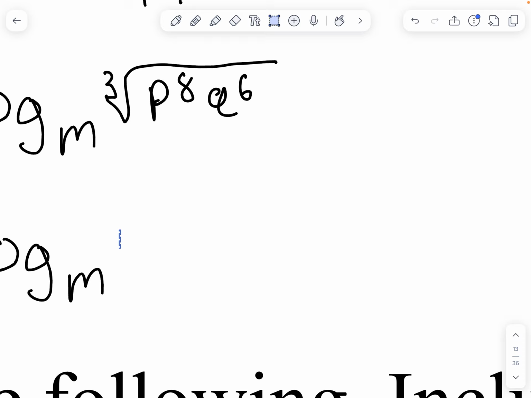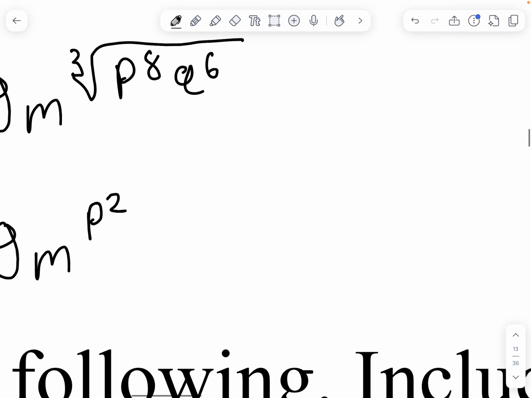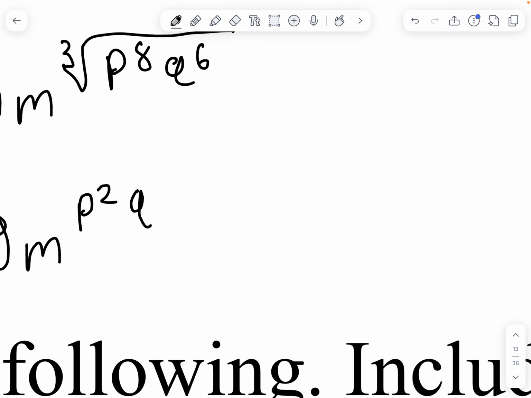So this becomes p squared times q squared times the cube root of p squared.